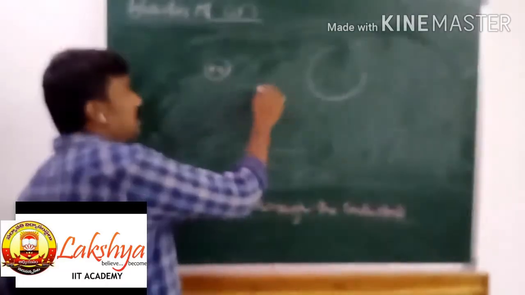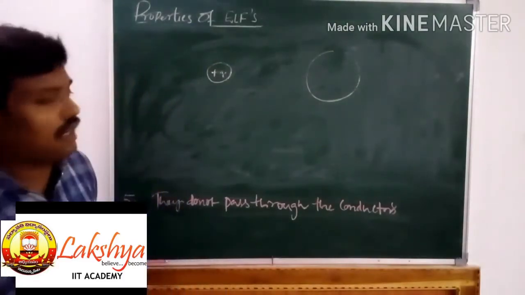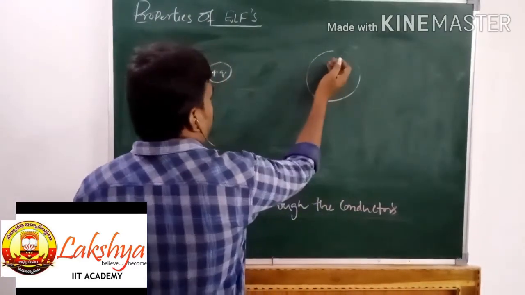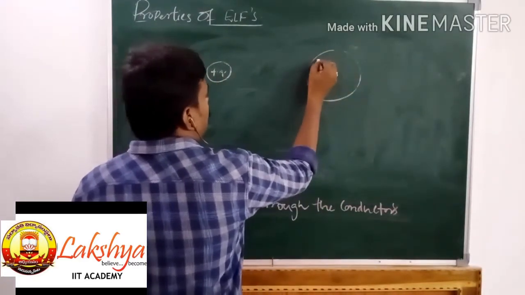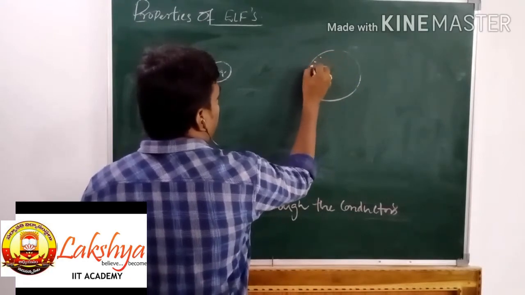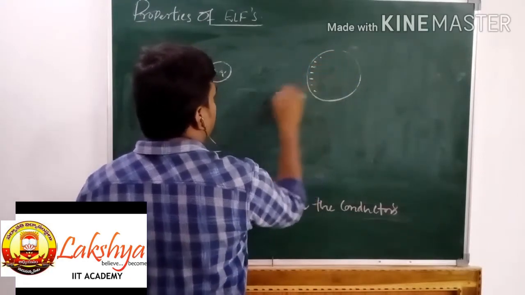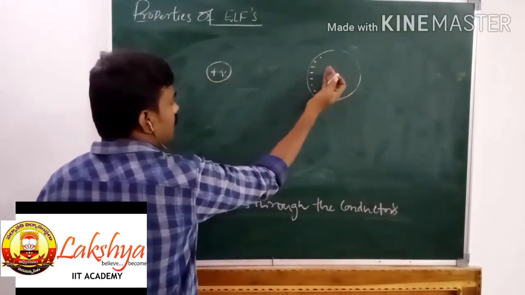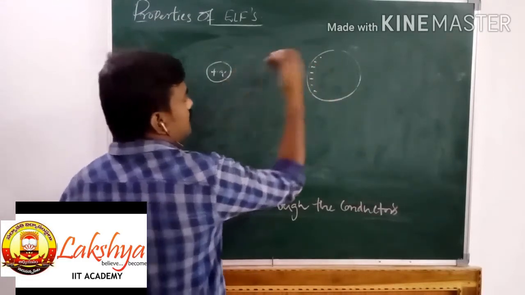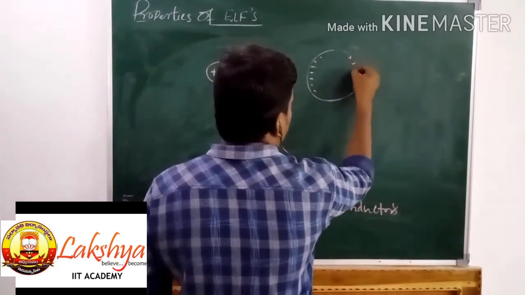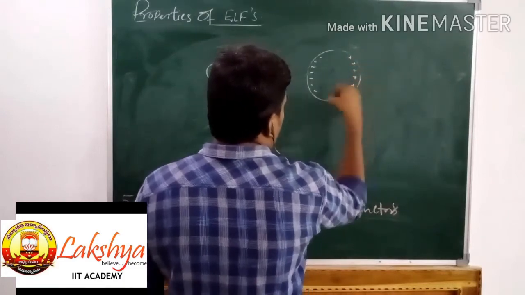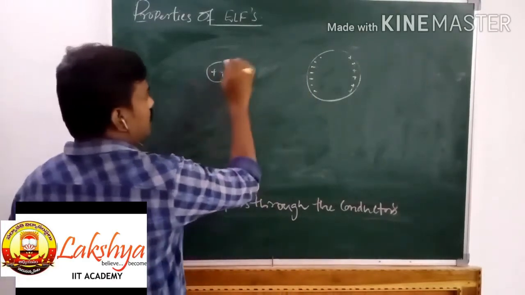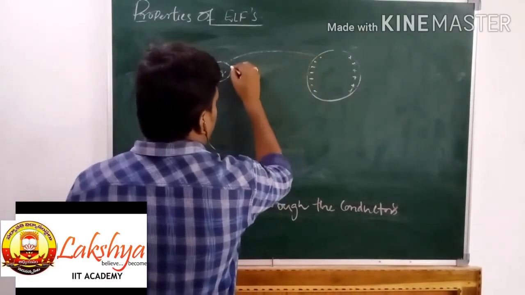Because of the induction process, which we have already learnt in charging by induction, the negative charges in this conductor migrate towards this end, because this is a positive charge. The same amount of positive charge moves in the opposite direction. Here, as this end is negative and this end is positive, we can expect the electric lines of force like this.